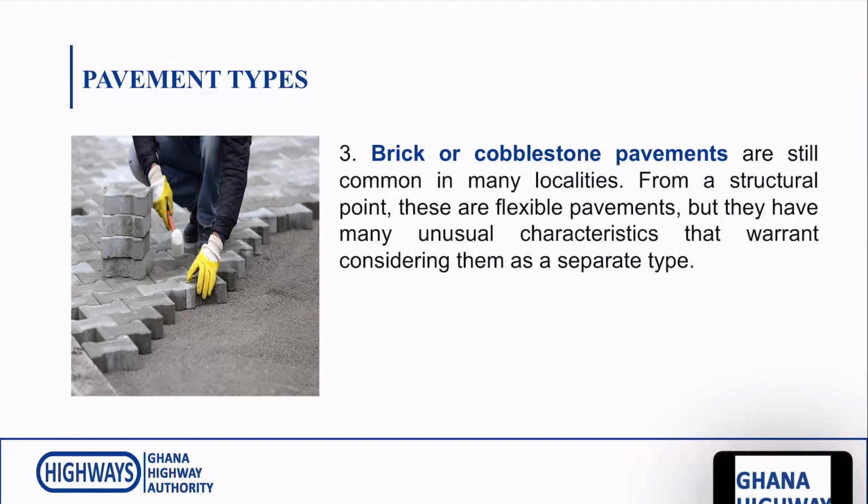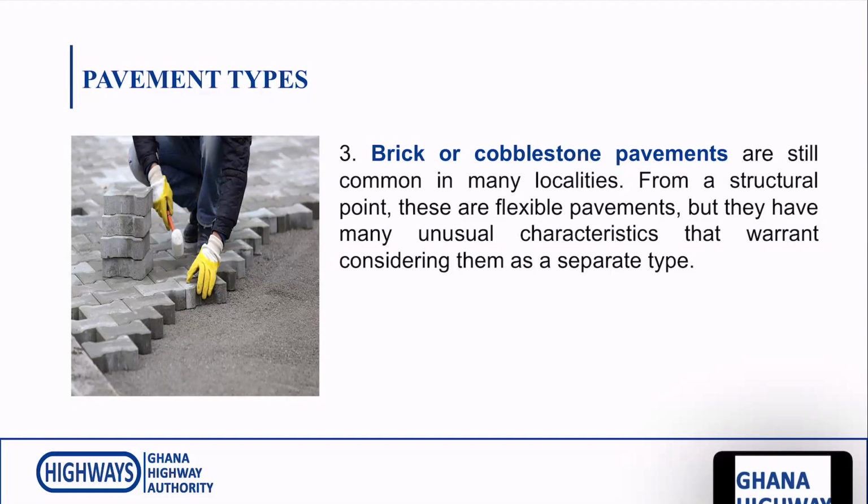They are those in which the bricks or stone blocks are embedded in sand, quarry dust, bitumen, or Portland cement slurry bedding on aggregate base or subbase material. So in effect, it's like you prepare your pavement layer, your subbase, your base, and you put the PCC slurry, bitumen, or quarry dust on top of that, and then you place your paving blocks or cobblestones.